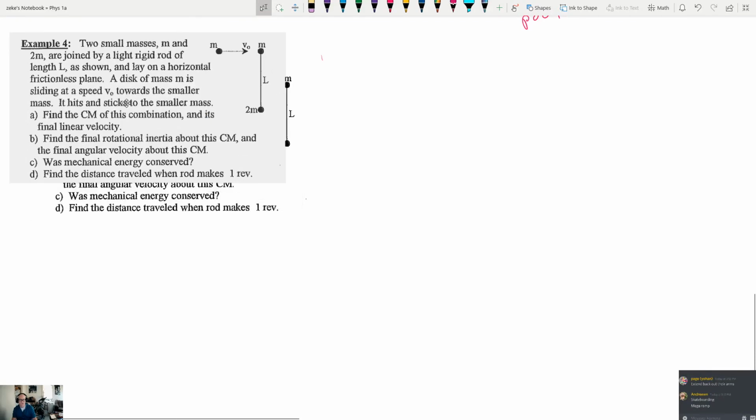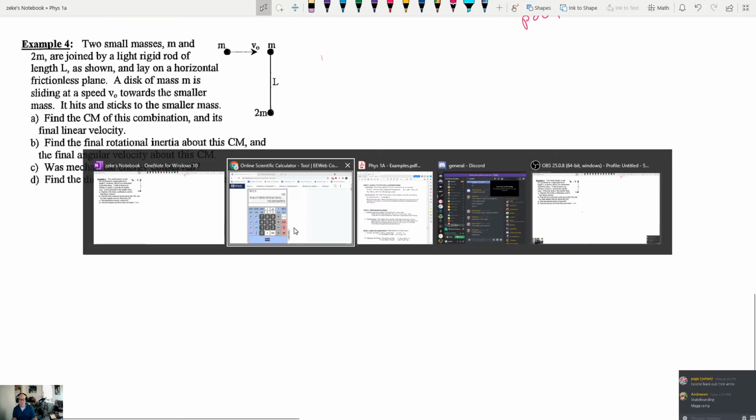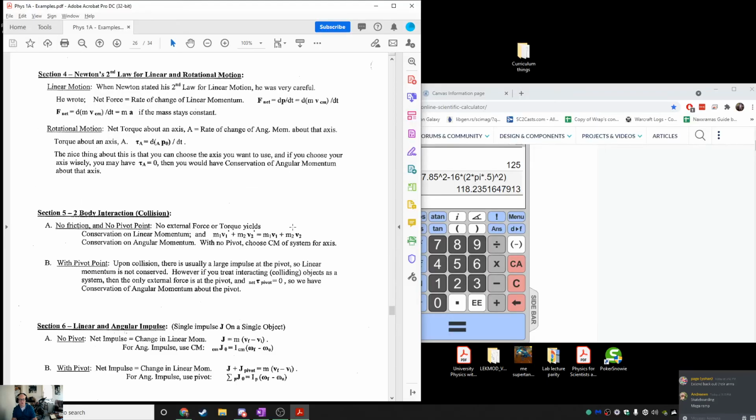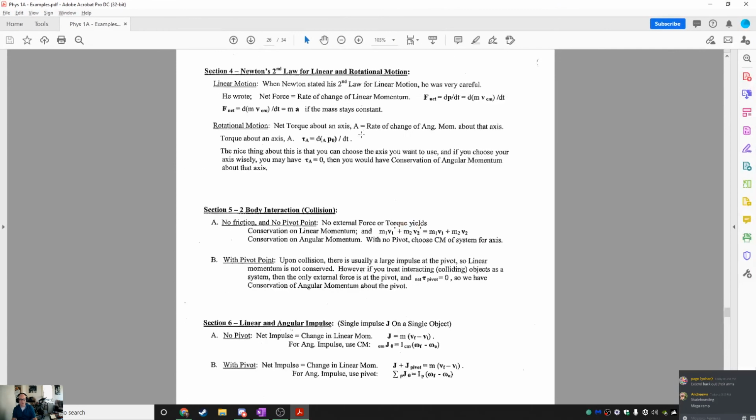Okay. So this problem is a little different, and it's going to require that we review this real quick. So we just did 2 angular momentum problems, but in both cases, there was really only one object. In the case of the ball and the string, it was just the ball.